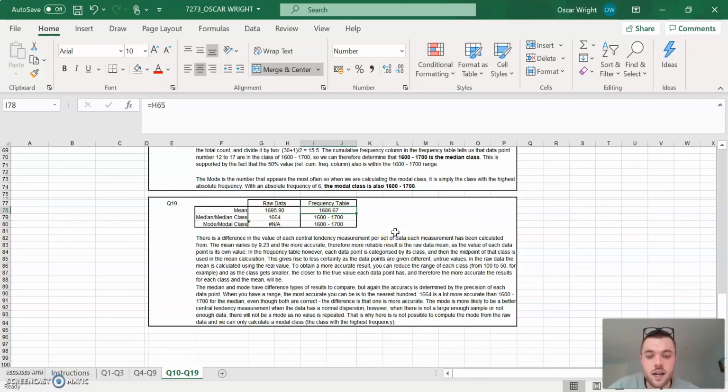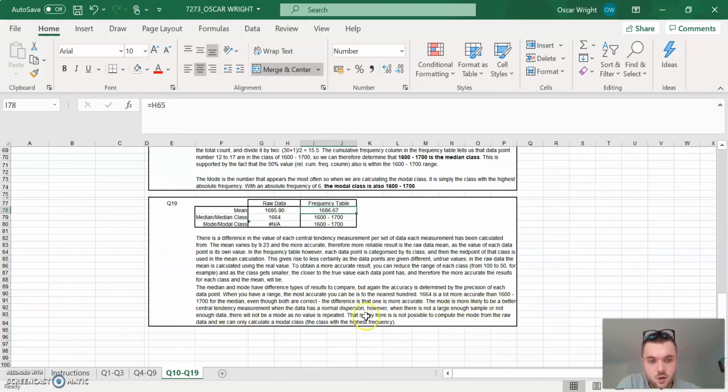However, it's a question of accuracy. What's more accurate, 1664 or 1600 to 1700? There's more ambiguity in the range value, as it could be 1601 or it could be 1699. Whereas here we have one value which is by definition more accurate.